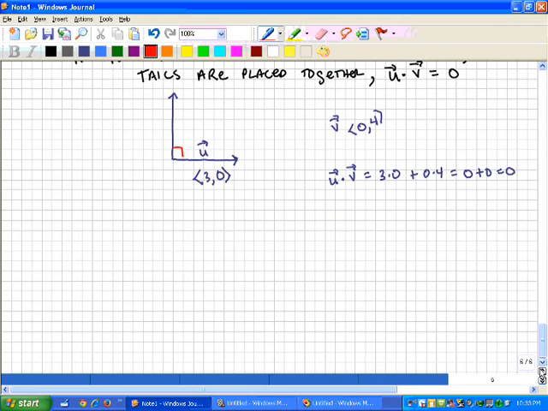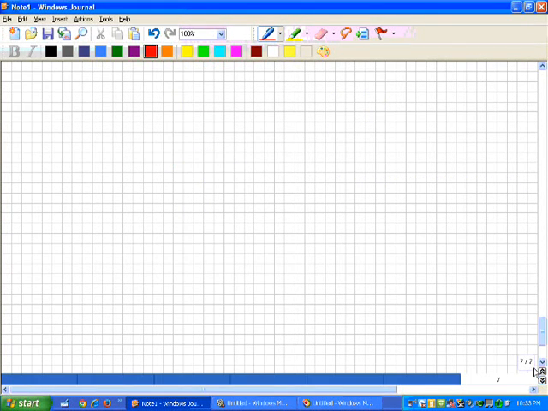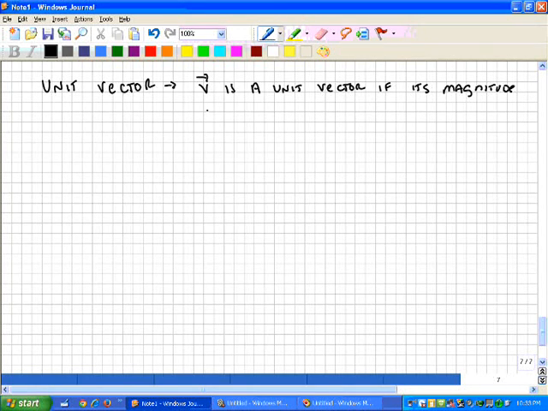One more thing we're going to talk about regarding vectors in this lesson: unit vectors. We say the vector v is a unit vector if its magnitude is 1. In other words, if the magnitude of v equals 1.